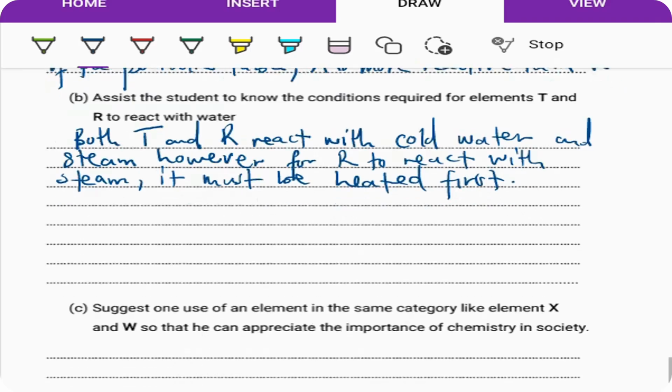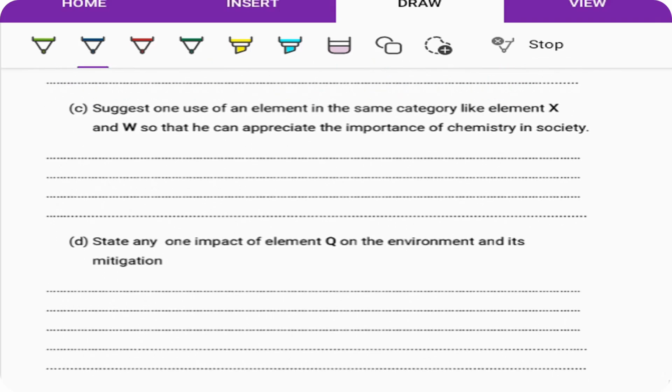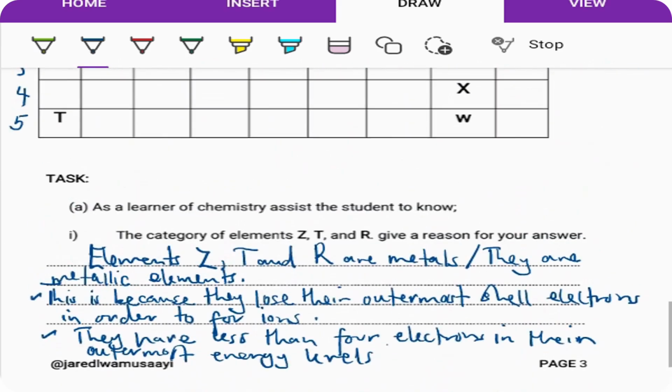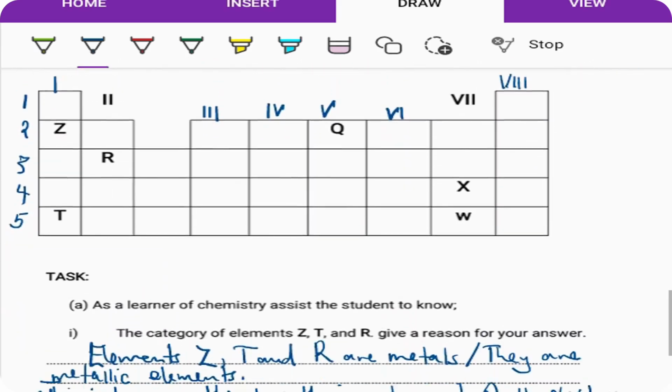Let's go to part C of our item. Suggest one use of an element in the same category as elements X and W, so that he can appreciate the importance of chemistry in society. So we cross check X and W. X and W belong to group 7.